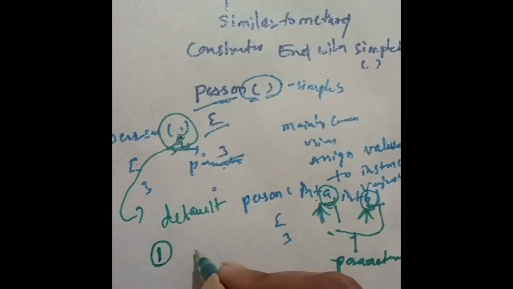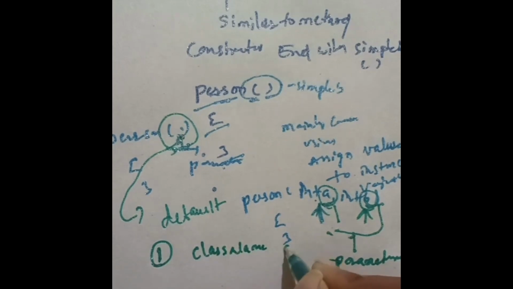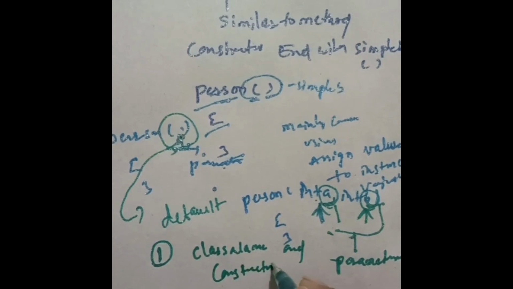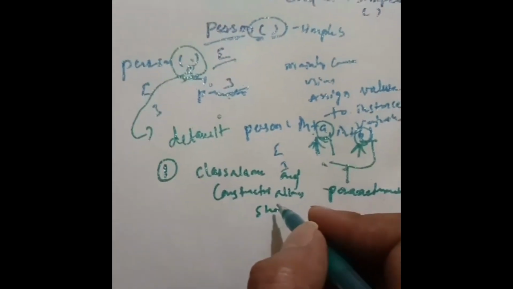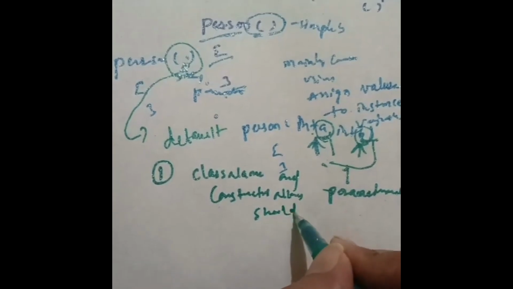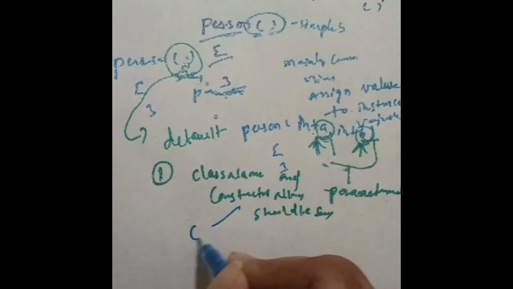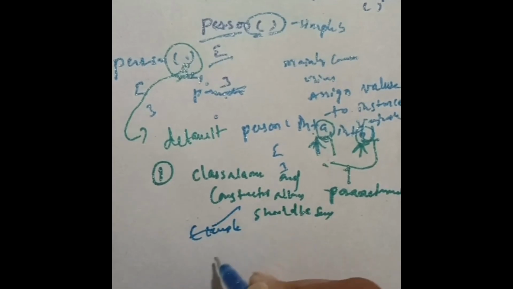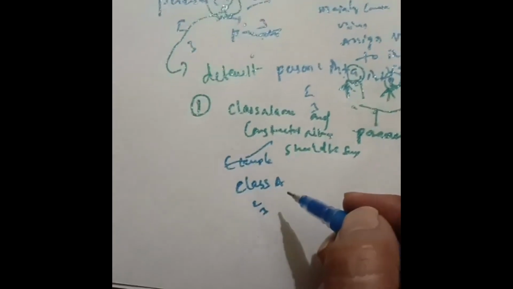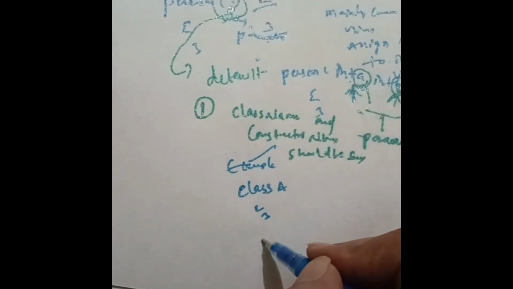First rule, class name and constructor name should be the same. For example, suppose class A. I want to create one constructor for this class.